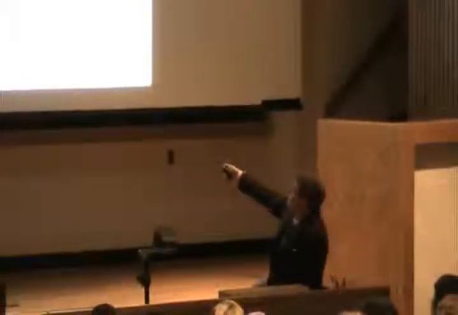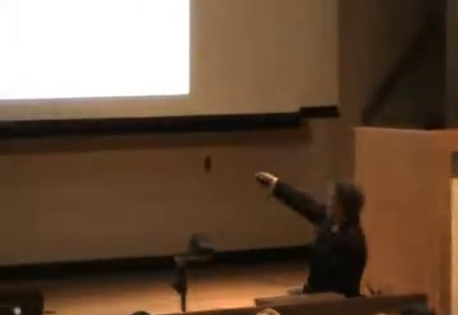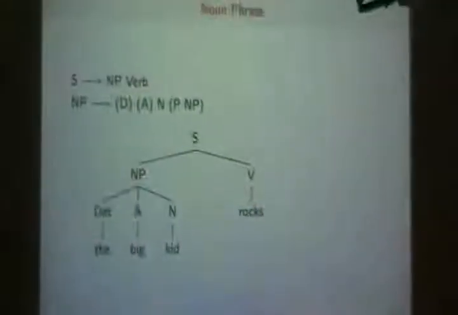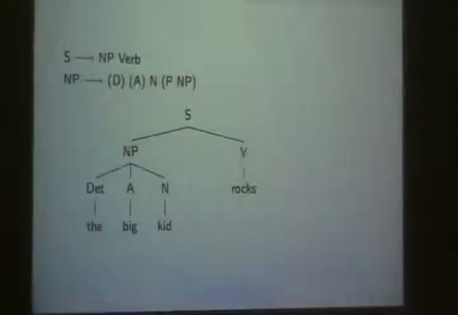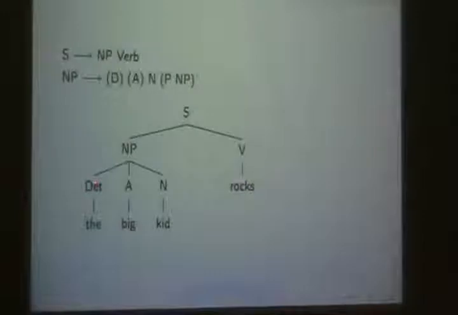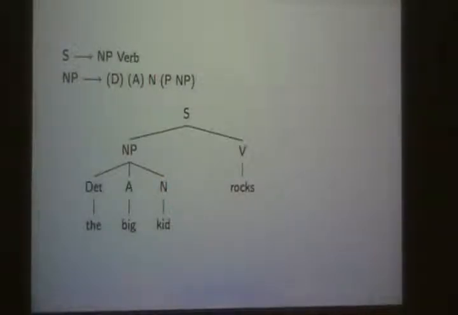So this sentence, a big kid rocks, well, it still ends with a verb, but the thing that comes first is one of these noun phrases, and in this particular instance, the noun phrase is something that belongs to the determiner, it's "a," something that belongs to the adjective, it's "big," something that belongs to the noun class, that's "kid." Okay.